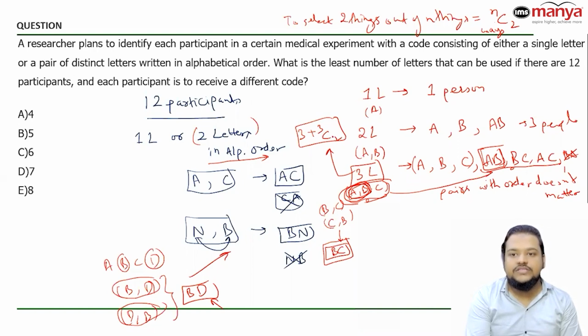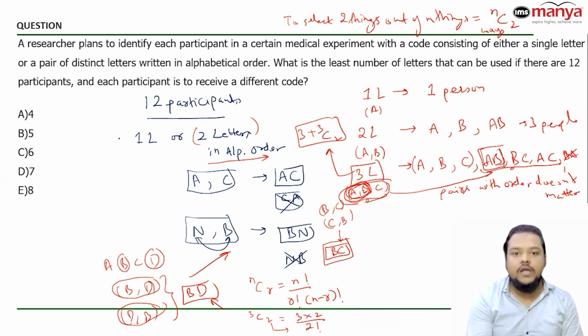I'm quickly writing out the formula for nCr. It's nothing but n factorial upon r factorial into n minus r factorial. A shortcut way of writing, for example, 3C2: just write 3 factorial up to 2 terms, divide by whatever is here, that factorial. That is a shortcut.